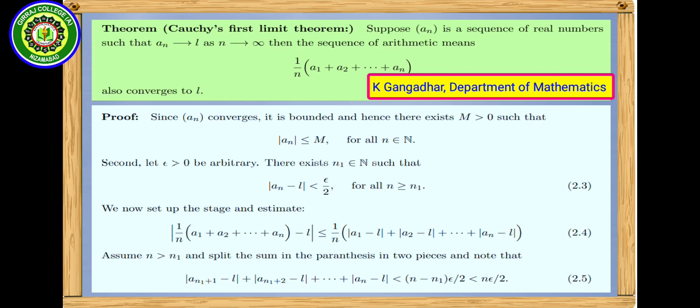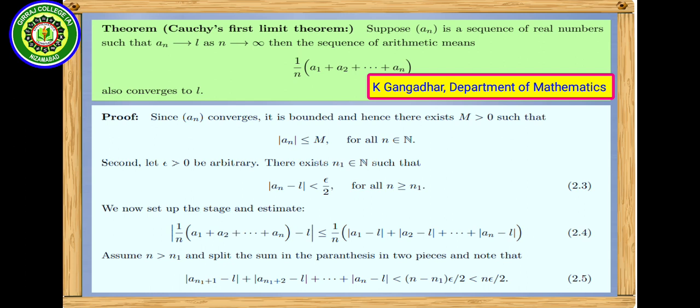So here we apply mod of (a1 plus a2 plus so on plus an) by n minus L. If that value is less than epsilon, then we say that the sequence limit is L. So this is less than or equal to 1 by n into, mod a1 minus L plus mod a2 minus L plus so on plus mod an minus L. Assuming n greater than n1, this inequality is splitting.